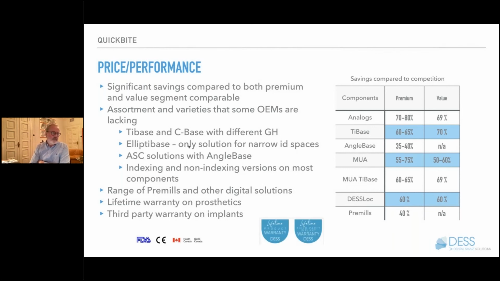Lifetime warranty means that we replace all of the DESS products if there should be something problematic with it. We also have a third-party warranty on the implant, which I think is also very unique. I mentioned to you earlier about the compliance situation.